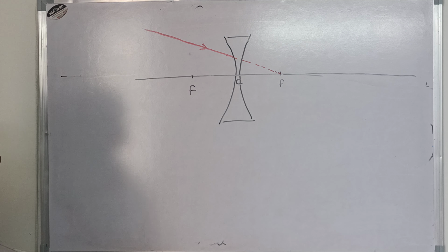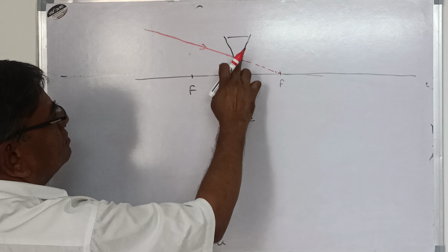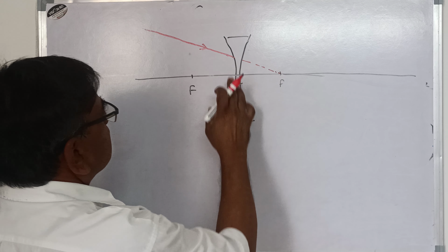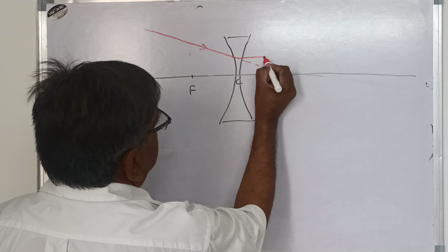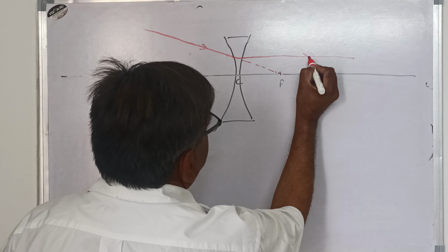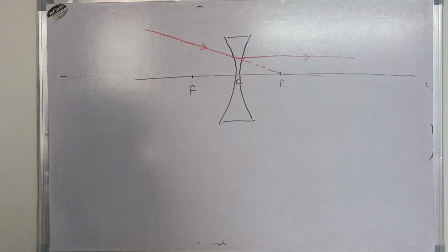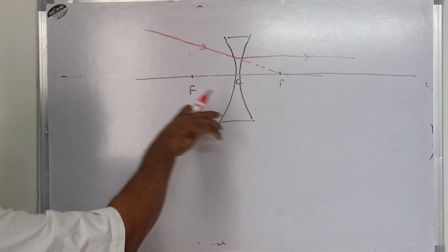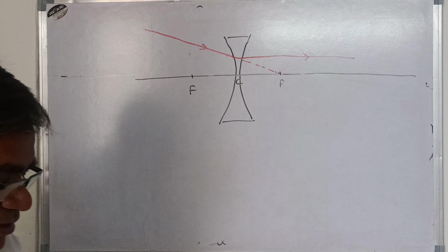After refraction, but in between there is a lens. This is a concave lens. So what will happen after refraction? This will become parallel to the principal axis. Actually, this will go in this direction after refraction. After crossing the lens, the ray will be parallel to the principal axis, this axis. Okay, this is your answer.